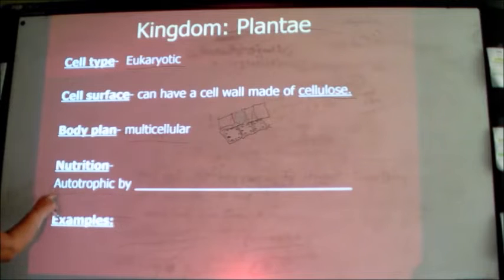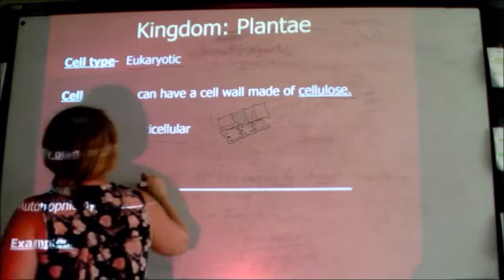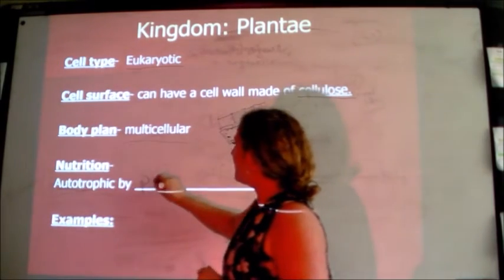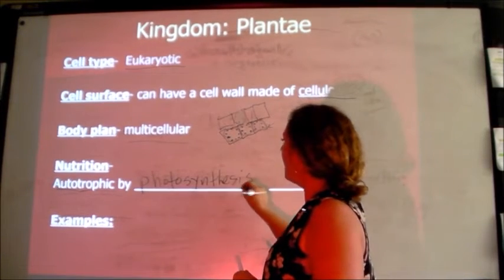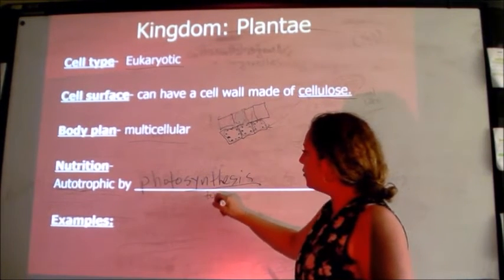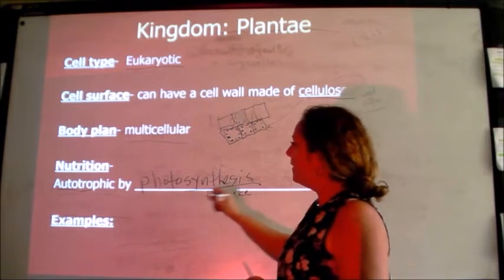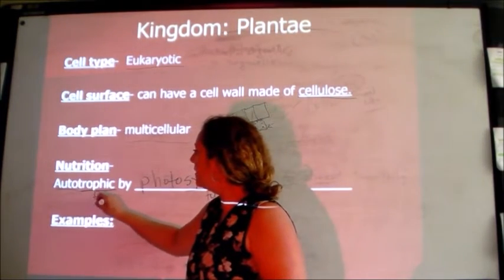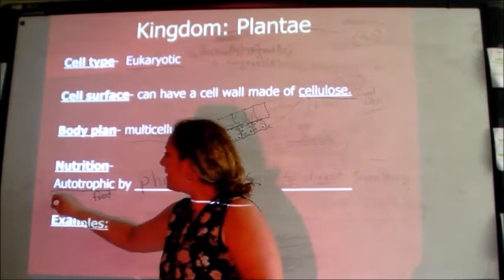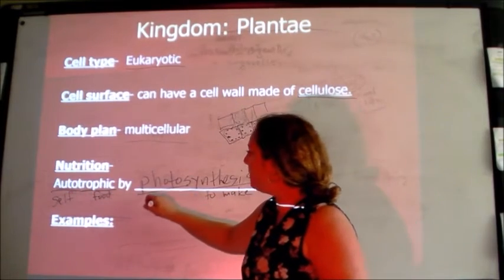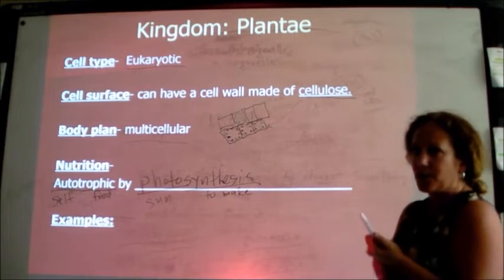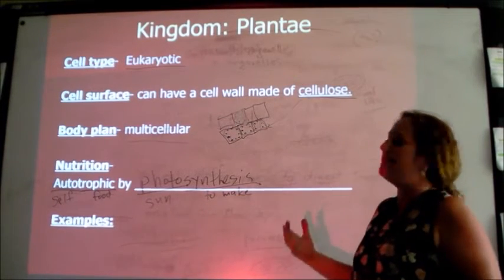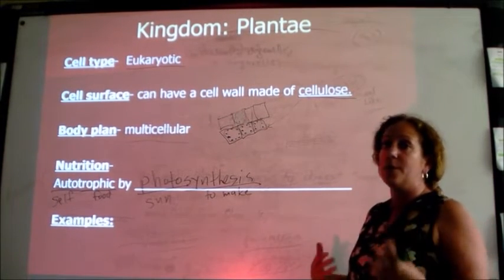Plants only get their energy by making their own food. They do this by a process called photosynthesis. To synthesize, to make, trophic food by themselves from the light, from the sun. So whenever you see these words in science, you really can dissect them and break them down to see what they mean.